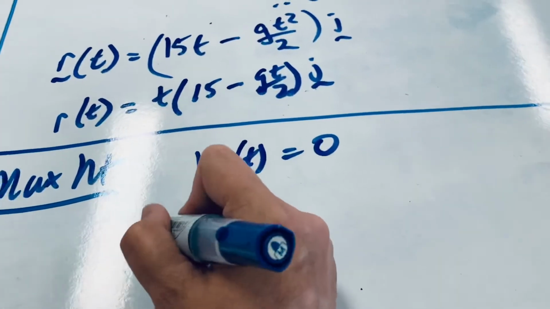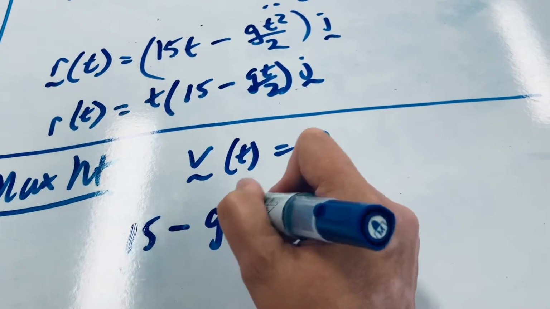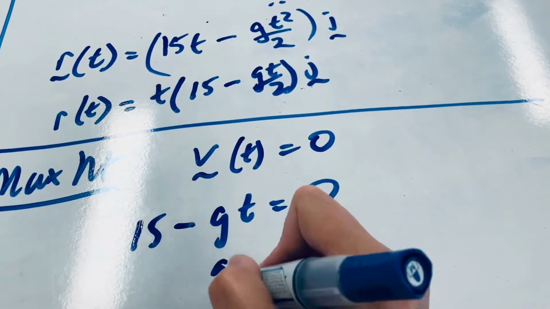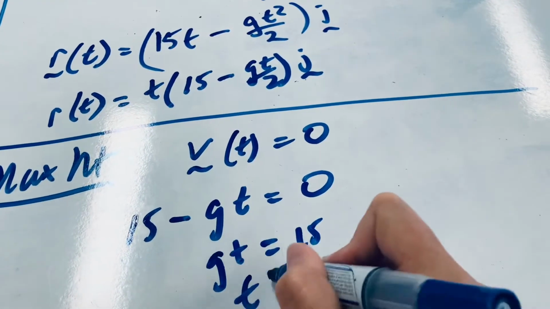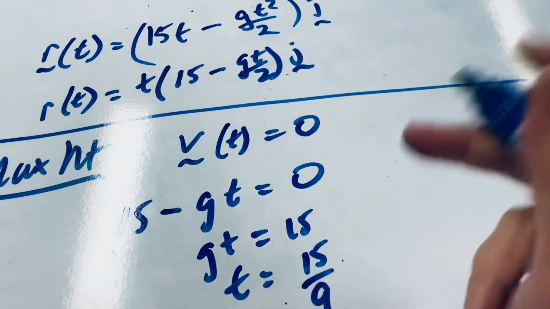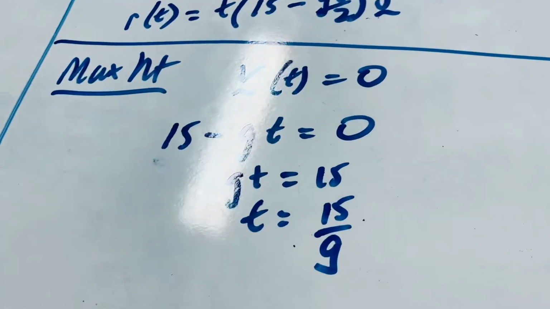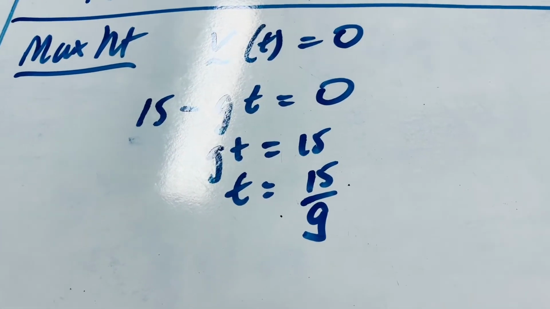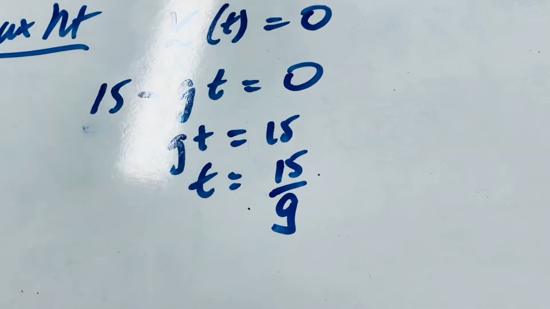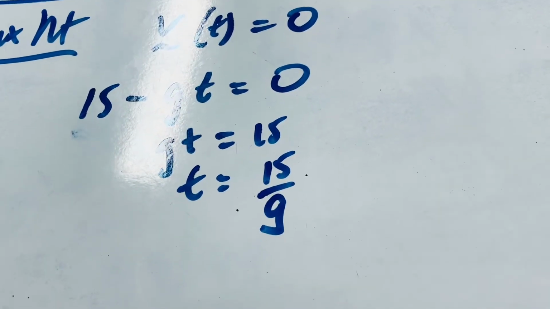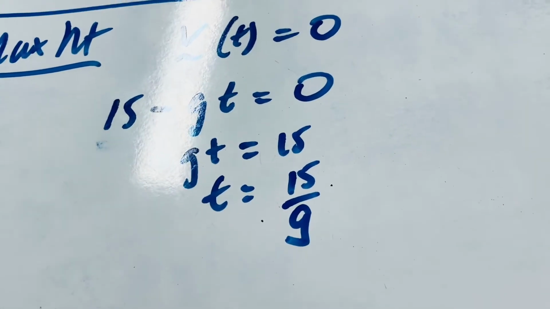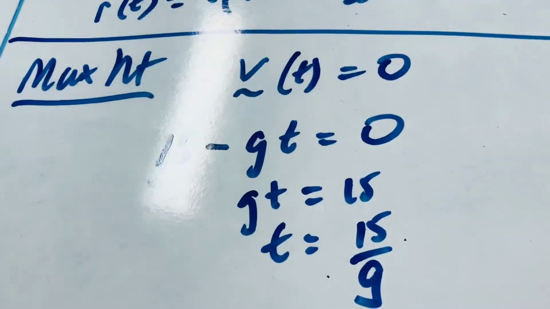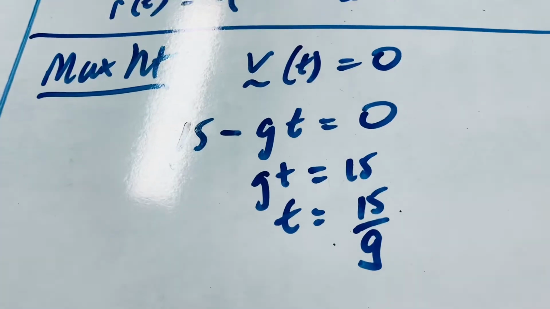So we're basically asking, what's 15 take gt equals 0? That's gt equals 15, t equals 15 on g. So the max height occurs when the time is 15 over g. You could get a decimal for that if you did it on your calculator. I'm just going to leave it as over g because I just don't have my calculator with me at the moment.